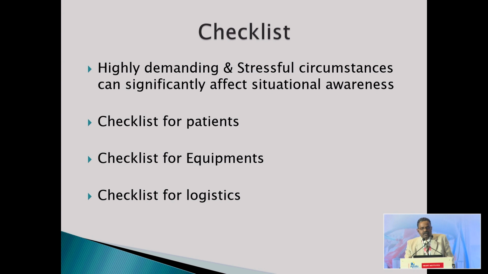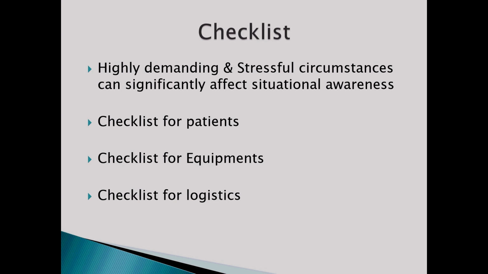If you don't have a checklist, you may miss something. In the air, you can't find things. Even a small connector, which is crucial to save the patient, you may not find in the air, though it is very easily available on the ground. So a checklist is mandatory. Checklists can be categorized into three: checklist for the patient, checklist for equipment, and checklist for logistics.